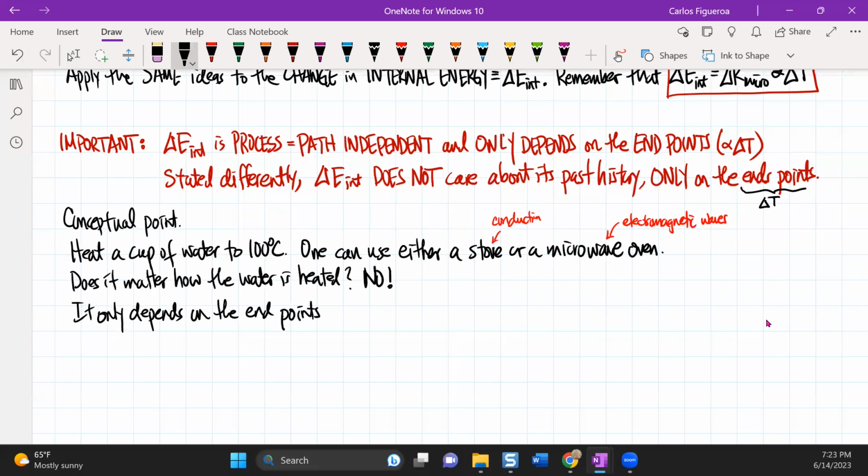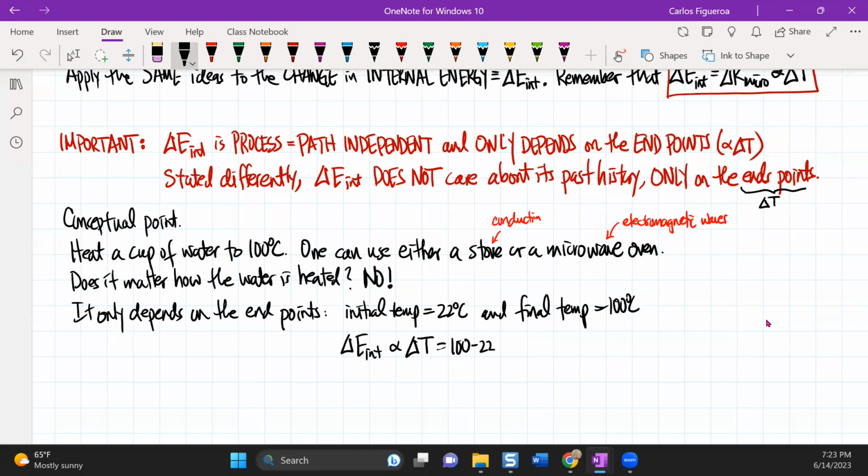In this case, maybe we have an initial temperature of 22 degrees C, and a final temperature equal to 100 degrees C. The internal energy is going to be proportional to the temperature change, so it's going to be 100 minus 22, which is 78 degrees Celsius.